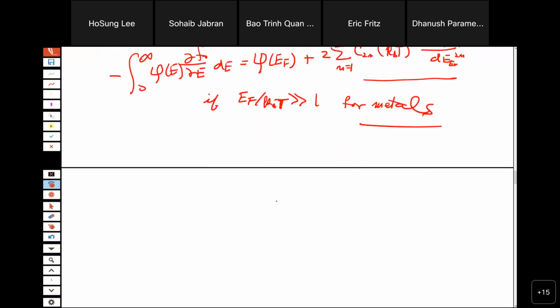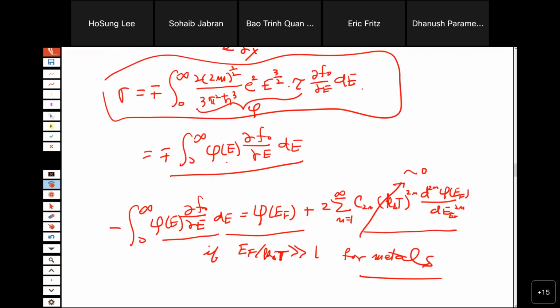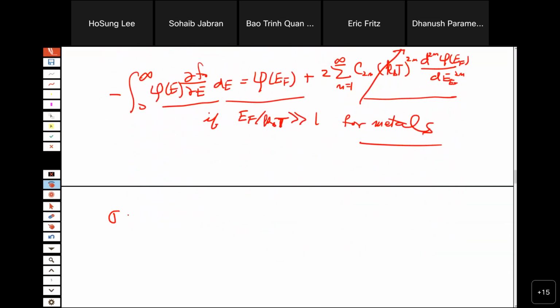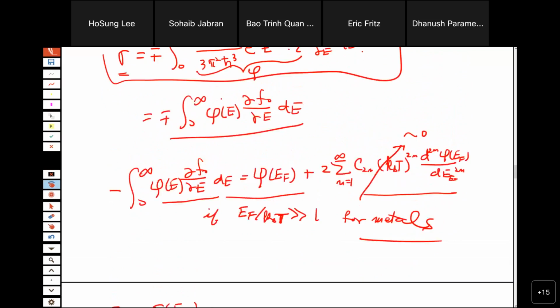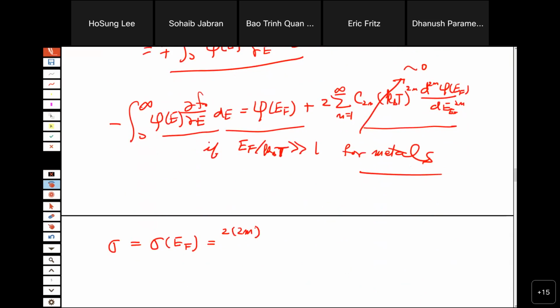If you look carefully, this is negligible, the higher order, assuming that.